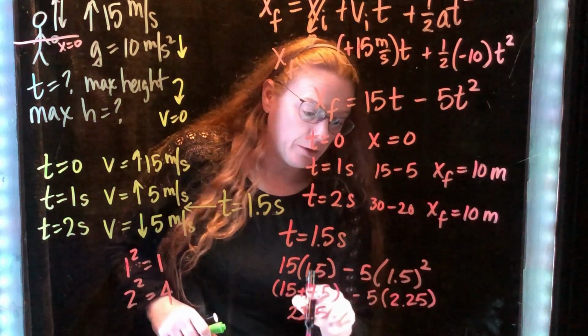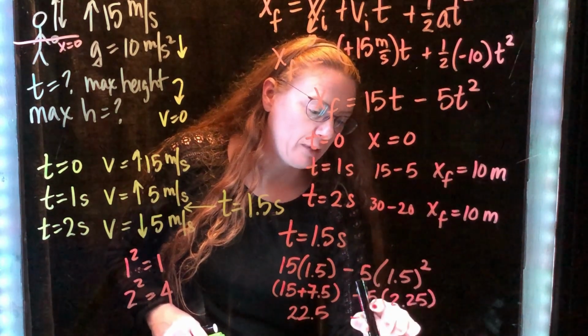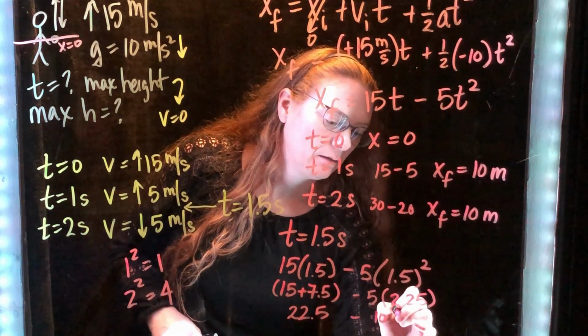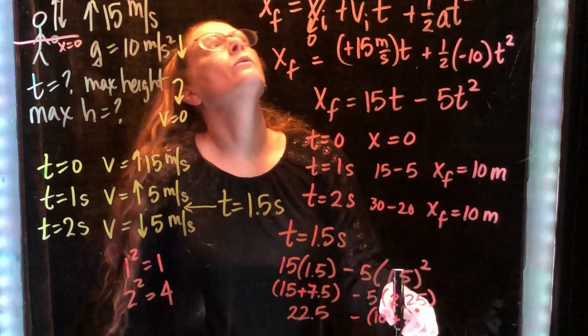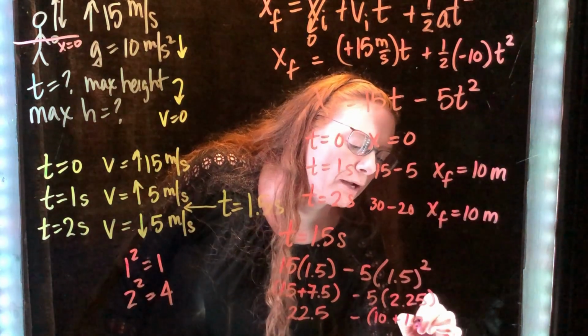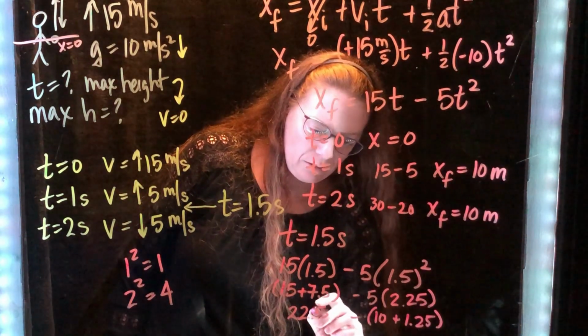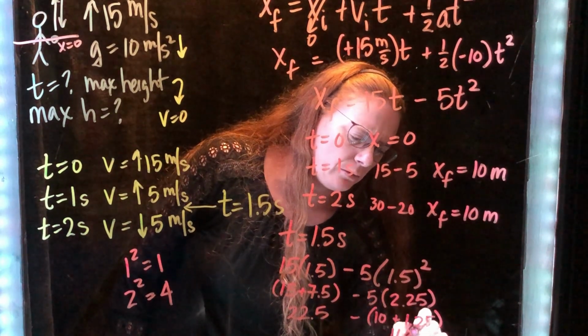So we got this part done. Now we want 5 times 2.25. Well, 5 times 2 is 10, plus 5 times 1/4. Oh my gosh. 5 times 1/4 is 5/4, which is 1.25. All right, that's 11.25.